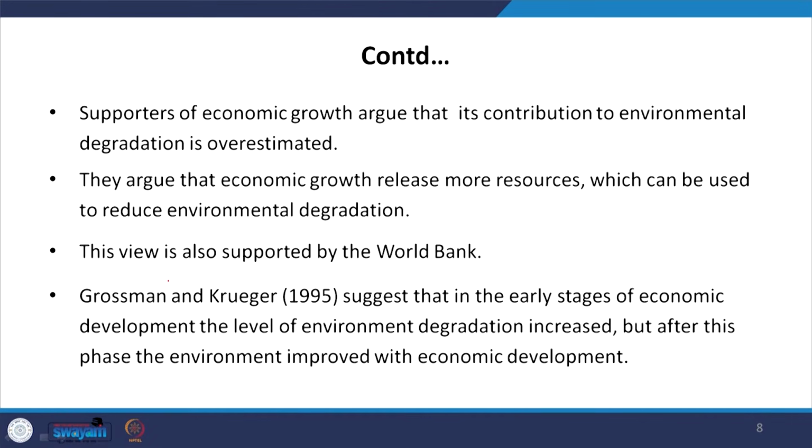Grossman and Krueger in 1995 suggested that in the early stages of economic development the level of environmental degradation increases, but after this phase environmental conditions improve with economic development, and I will discuss that later on. That is what is known as the environmental Kuznets curve, which I will take up in detail later on.